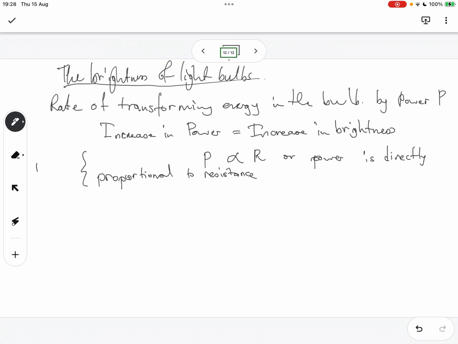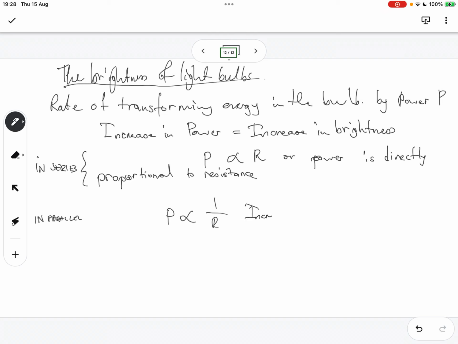And this is in series. But now in parallel, the power is directly proportional to the inverse of the resistance.